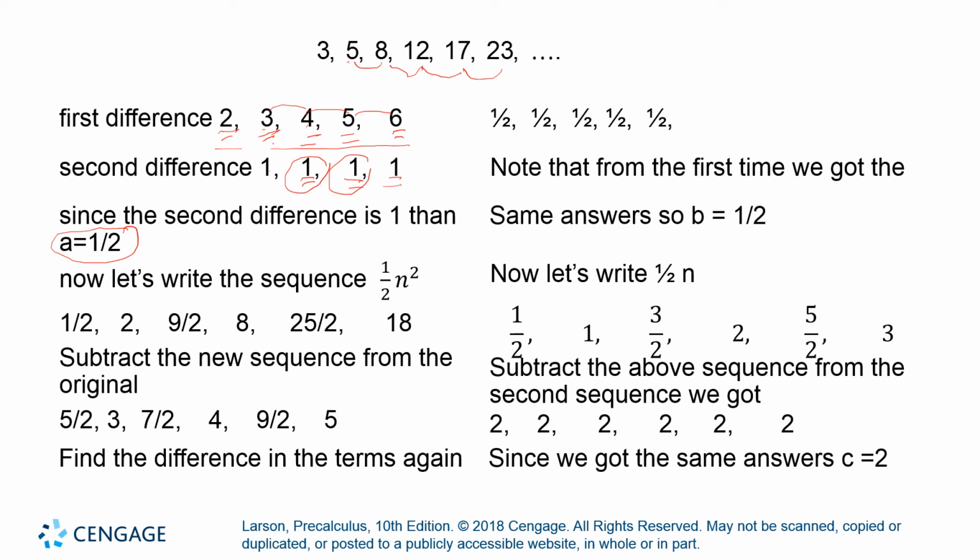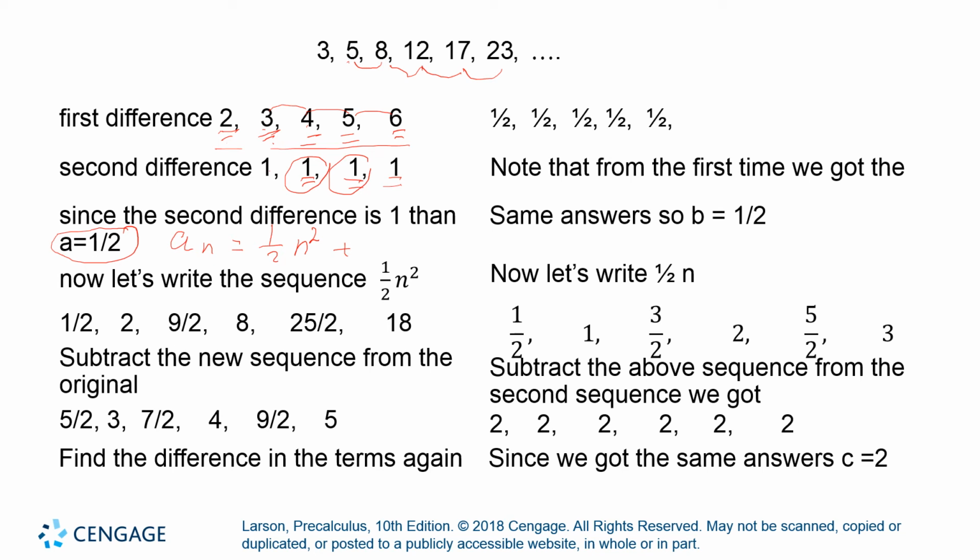To figure out what b is, let's go ahead and write the sequence. Notice, a sub n, the first term is 1/2 n squared plus whatever I'm going to get on the rest of it, which I don't know yet. So let's figure out 1/2 n squared, replacing n by 1, 2, 3, 4, 5, and 6.